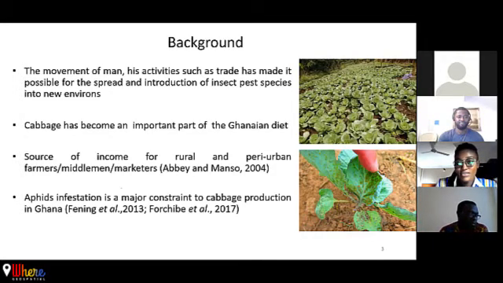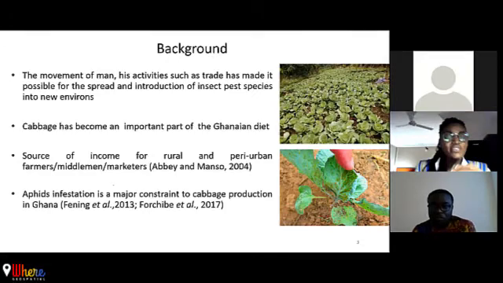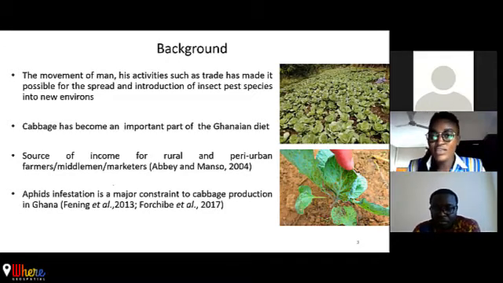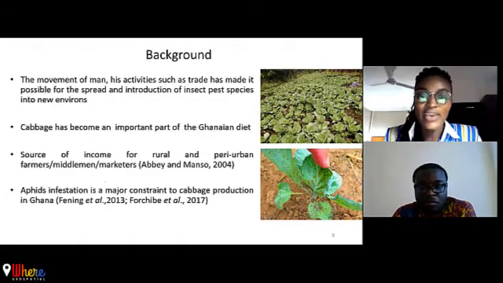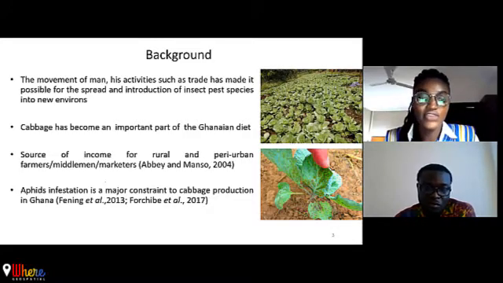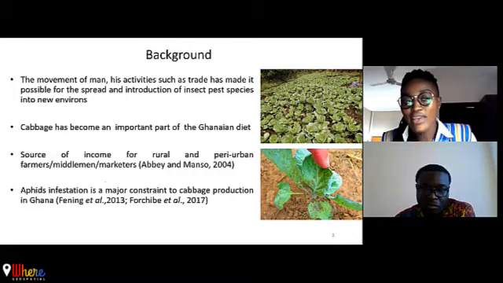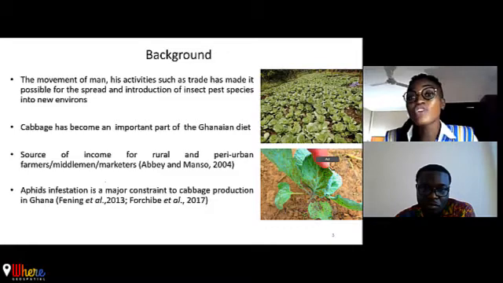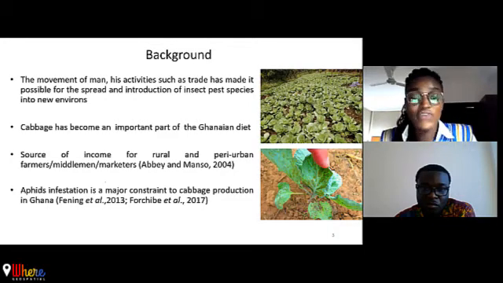But over time, they have faced a lot of constraints due to pests, and sometimes not getting adequate land to farm this particular vegetable. We've realized that infestation by aphids is a major constraint because, besides killing the plants, they also transmit viruses to these plants, which ends up killing them. So if you have, for example, a viral infection in one farm, you could have the whole farm going down in just a couple of weeks.